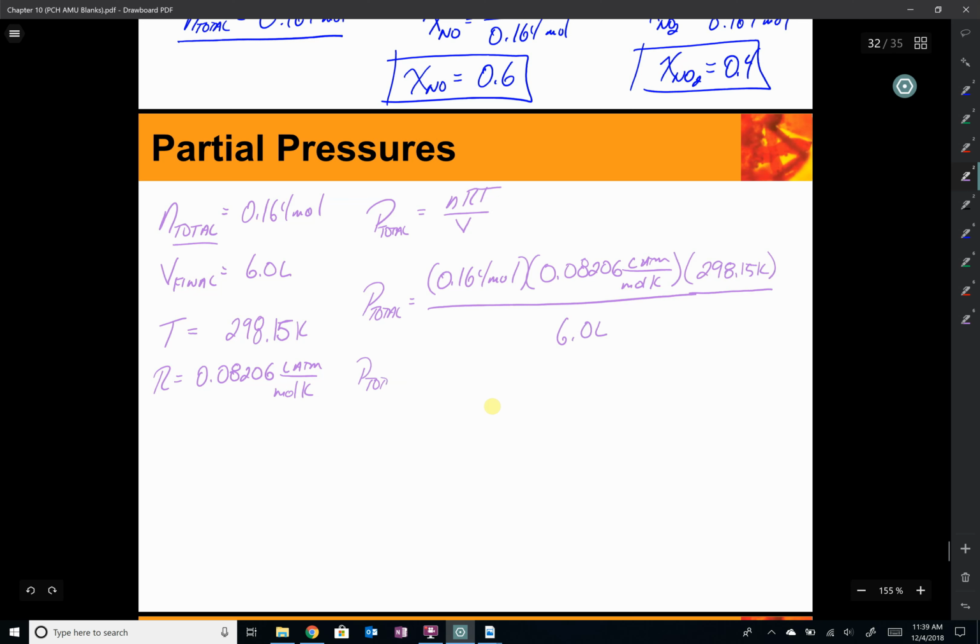So P total is equal to 0.669 atmospheres.